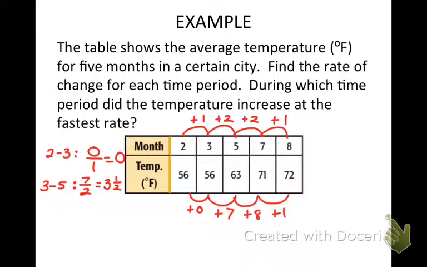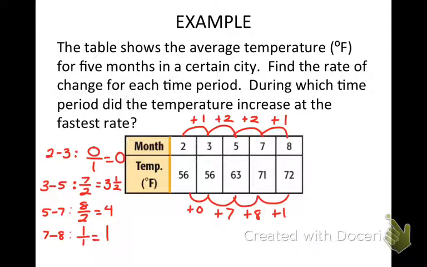Now let's go from 5 to 7. What's that one going to be? 8 over 2, because we're jumping between 2 months. So on average, it would be 4. And then 7 to 8, it's going to be what? 1 over 1, which is 1.